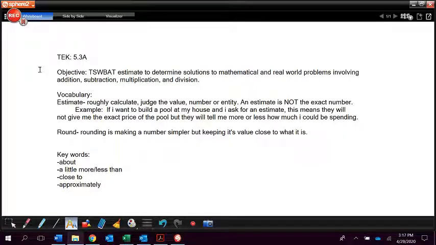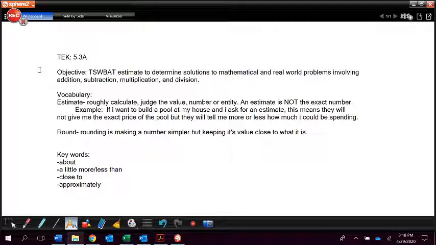Vocabulary for today is estimate, which is to roughly calculate, judge the value, number, or entity. An estimate is not the exact number. And if you notice, I put the word not in caps, because I want to emphasize that. An estimate does not mean that is the exact number. I also provided an example.